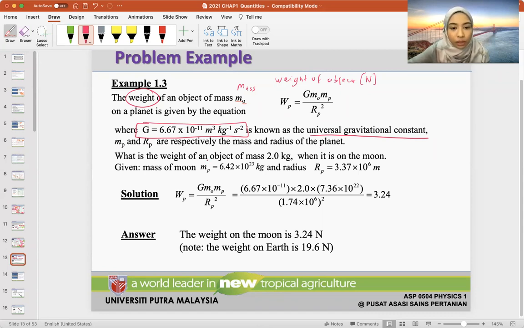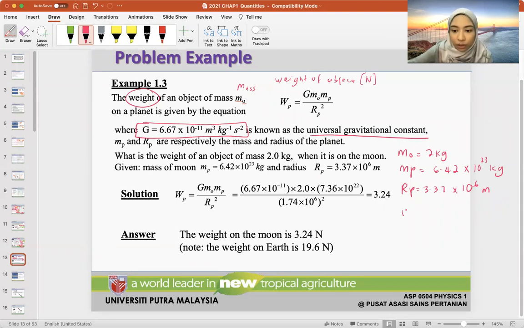Okay, what is the weight of an object of mass 2 kilogram when it is on the moon? Given the mass of the moon, MP, is equal to 6.42 times 10 to the 23 kilogram, and the radius of the moon is 3.37 times 10 to the 6 meter.